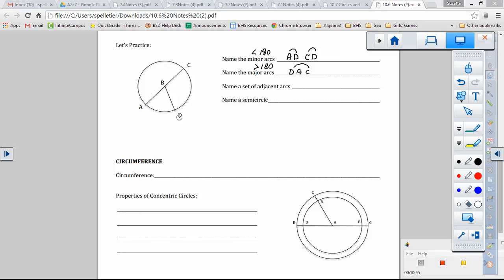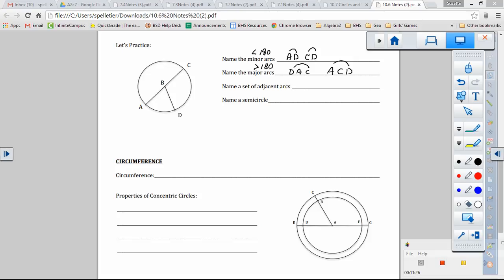You could have also started here at A and said ACD. First we said DAC, we left out this chunk, but the next time we go this way, ACD, and we leave out this chunk. Again, you can do that in reverse order, CAD or DCA, same thing.